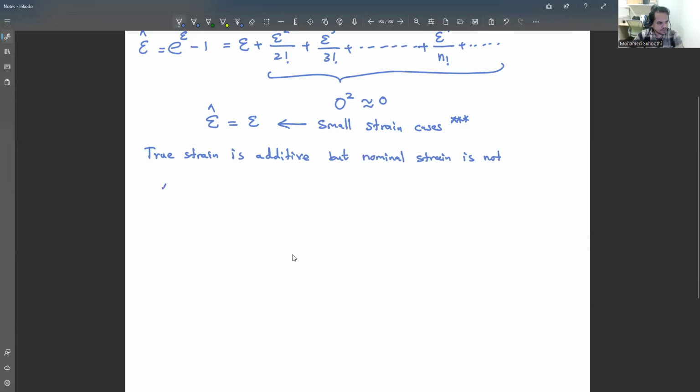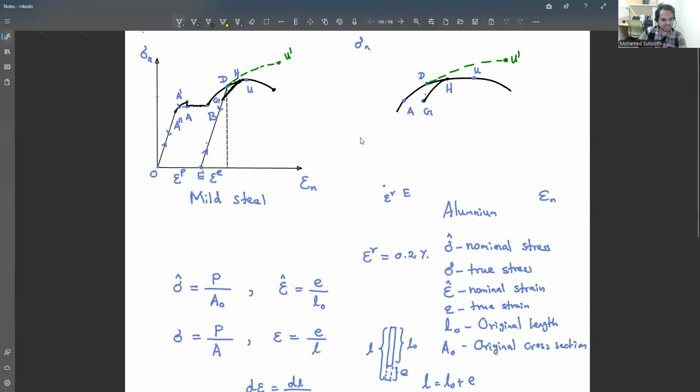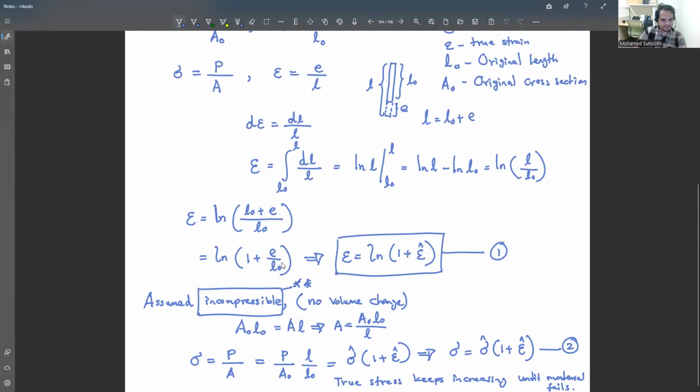For example, let's say you take the original length L naught, then you increase to length L1, then you increase to length L2. If you want to write the true strain in the first case, epsilon 1, you can write the equation we studied: ln of L1 over L naught, right? True strain is ln of L over L naught.